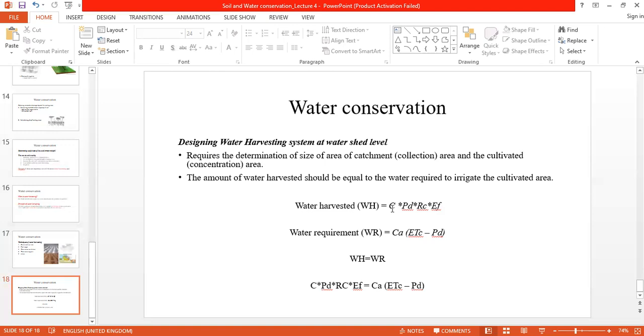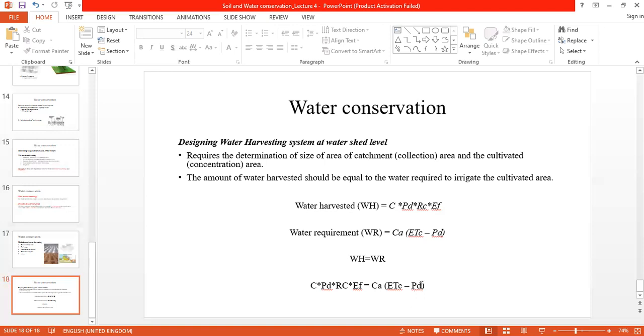Remember we said that this water we've harvested should be able to cater for the deficiency in that area. So we need to find out how much is deficient in that area. To do that, we need to know the size of our field, which is CA.